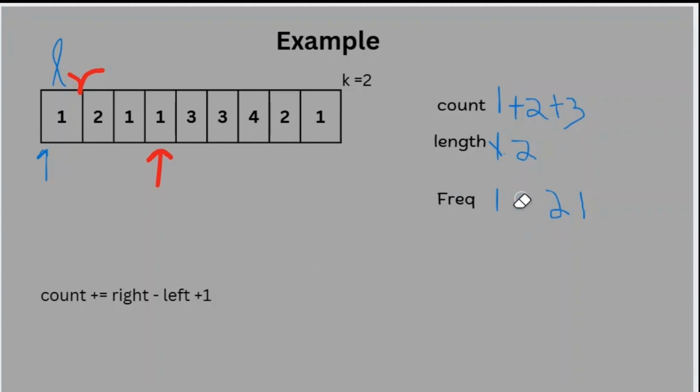Now the occurrence of 1 will be changed, which is 3. 1 occurs 3 times. No changes in length. So the count will be increased by 4. Next, right is again incremented. Now it points towards 3.